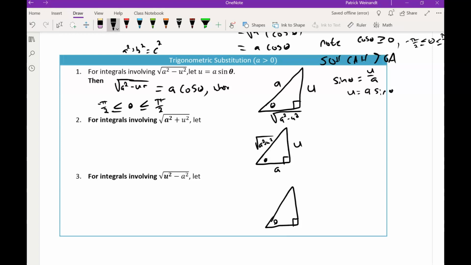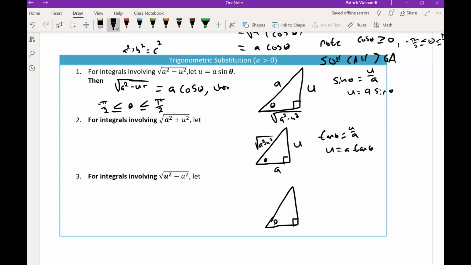Well, this would be u, this would be a, which means that if we're trying to relate u and a using theta, this is the opposite of theta and this is the adjacent of theta. Well, what involves opposite and adjacent? That's tangent. So tangent of theta is going to equal u over a. We solve for u there, and we know that u is going to equal a tangent theta.